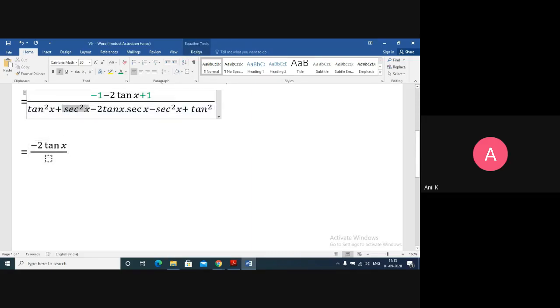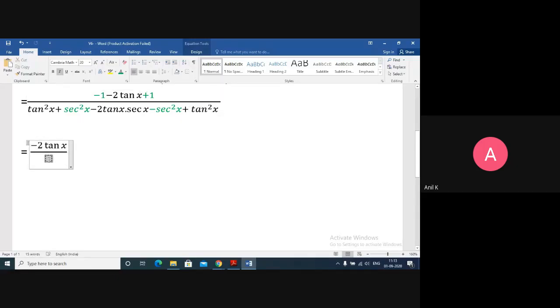You can see here, this is sec square x. And this is minus sec square x. So plus and minus both will get cancelled, which are highlighted with the green color. You have tan square x, here also tan square x. So tan square x plus tan square x is 2 tan square x.